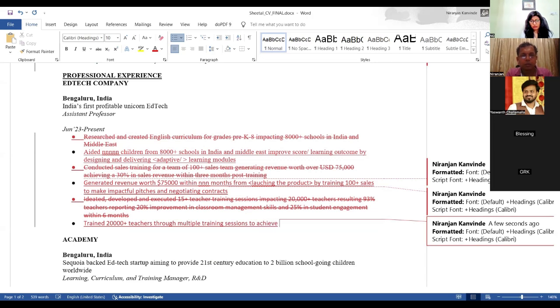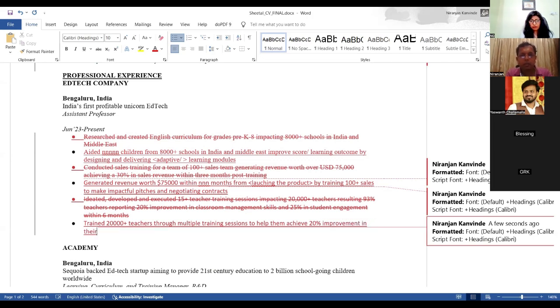To help them achieve 20% improvement in their training outcomes.